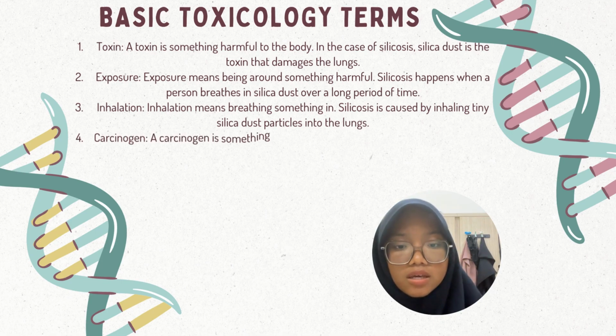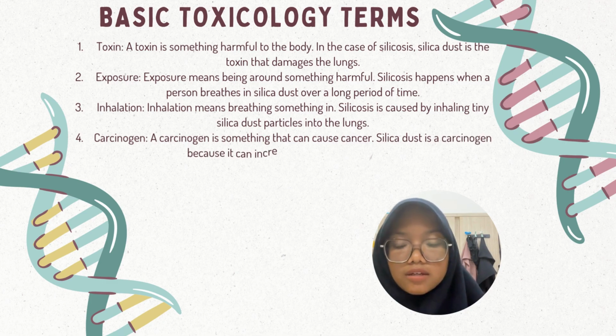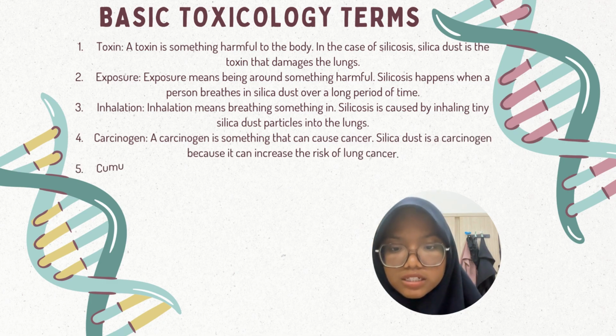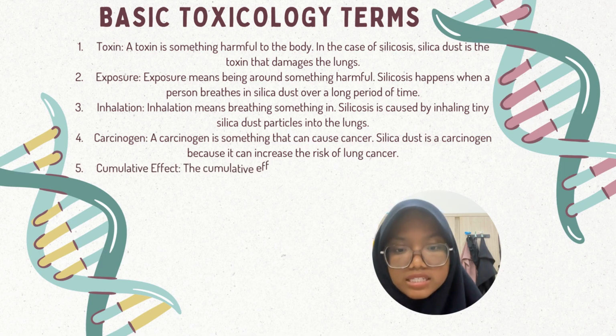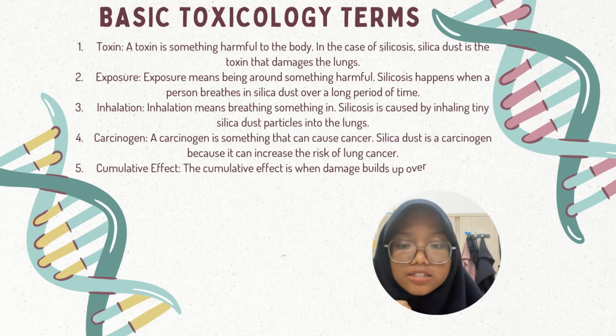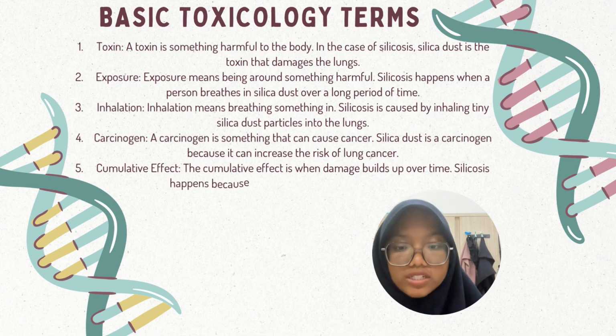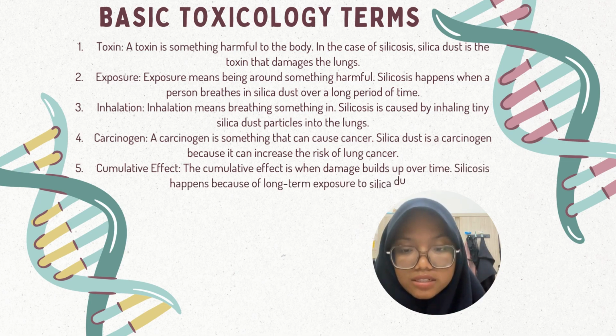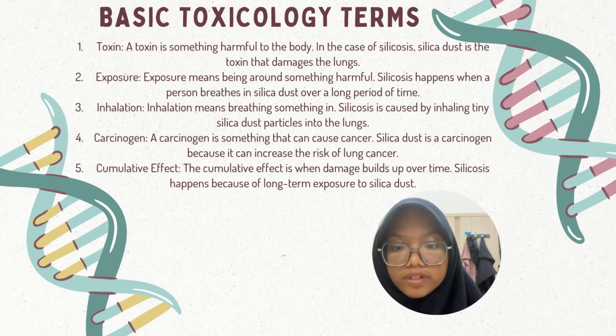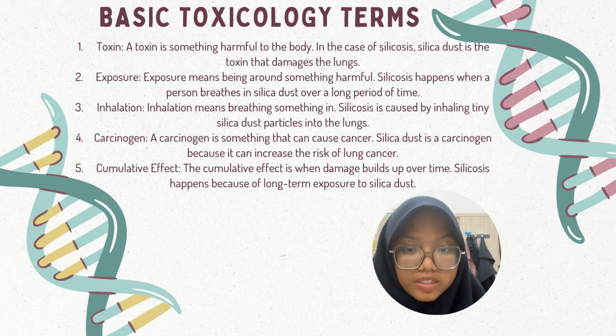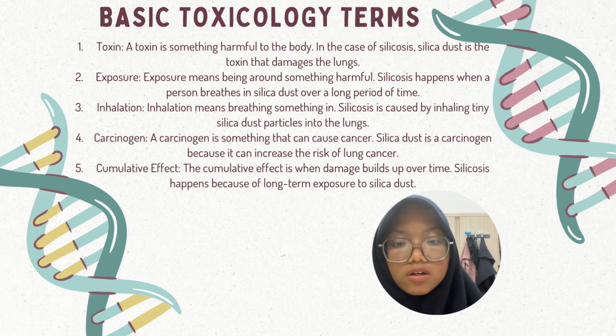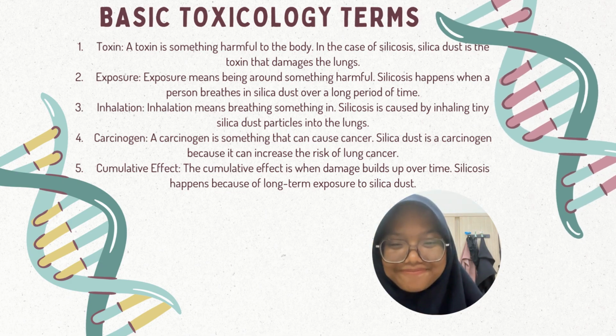Silicosis is caused by inhaling tiny silica dust particles into the lungs. Fourth is carcinogen. A carcinogen is something that can cause cancer. Silica dust is a carcinogen because it can increase the risk of lung cancer. And the last one, cumulative effect. The cumulative effect is when damage builds up over time.